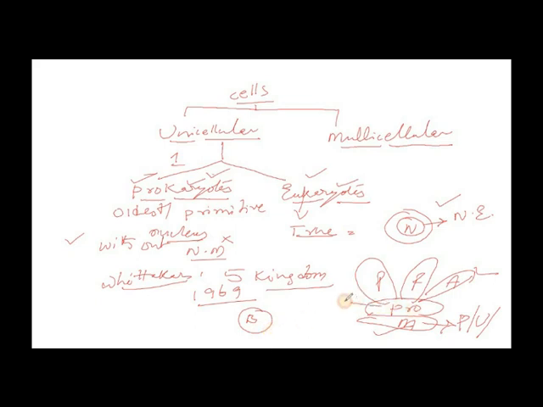The second one is the Protista. These are also unicellular only, but they are eukaryotic organisms. Moneras are unicellular prokaryotes; protists are unicellular eukaryotic organisms.